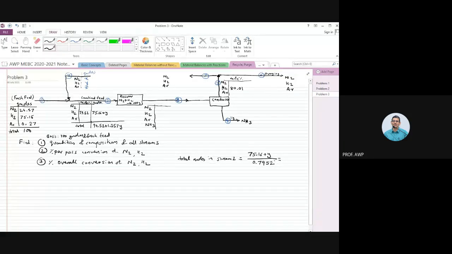If you simplify this, it comes to 94.52 plus 1.257Y. Smith, is that what you are saying? Yes, sir. Okay. Anybody has any doubts up to this?